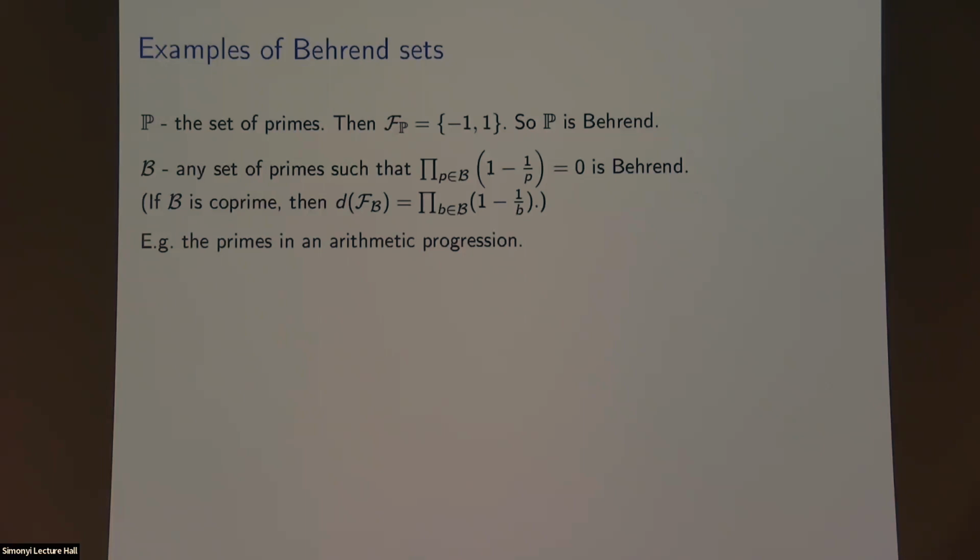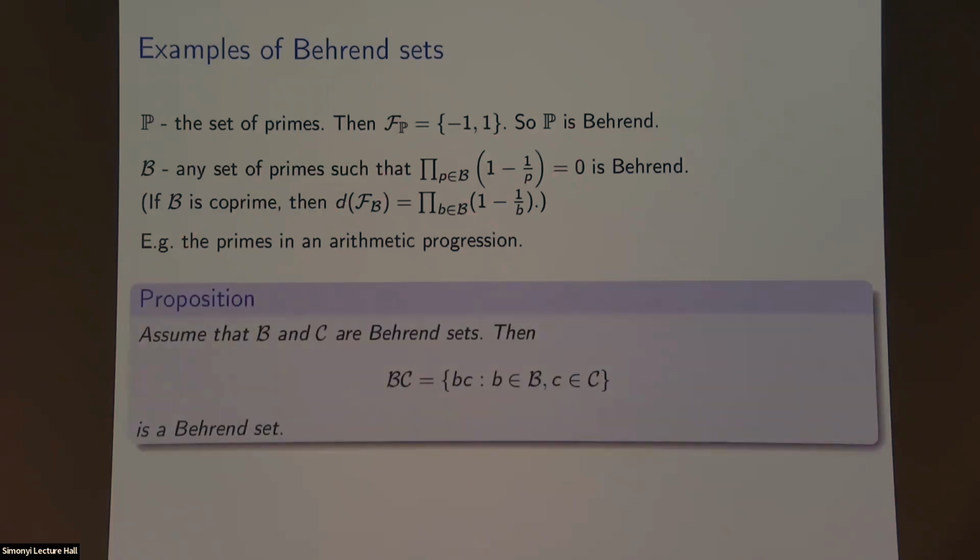By Dirichlet's theorem, in this case, you arrive with a Behrend set. The first example I showed you was a Behrend set. There's a simple proposition which produces Behrend sets: if you have two Behrend sets, then this kind of product is again Behrend.